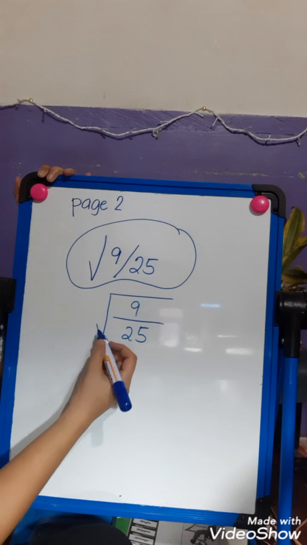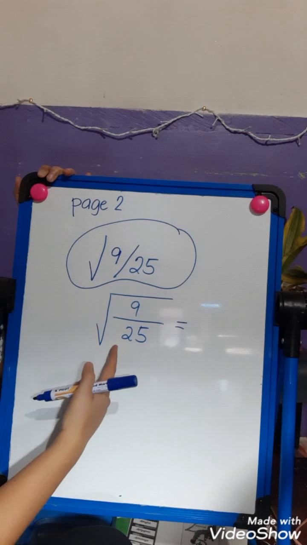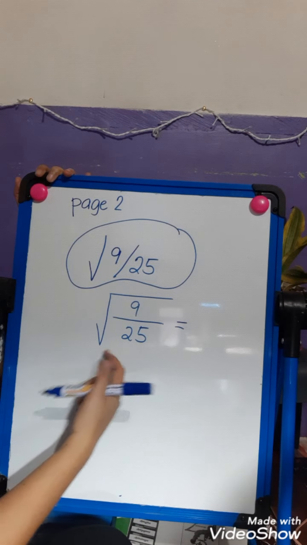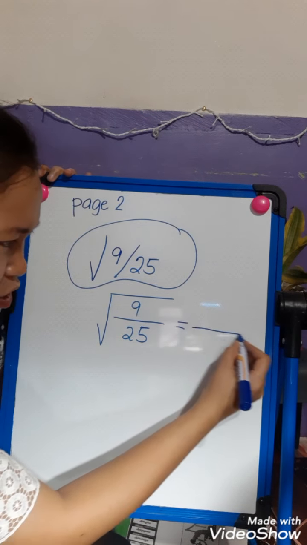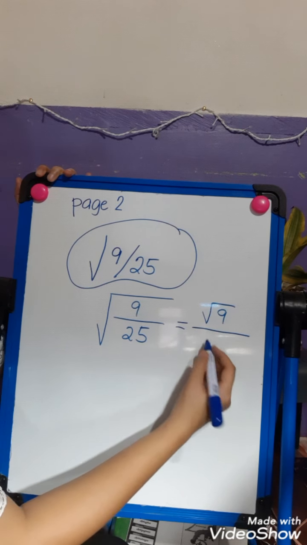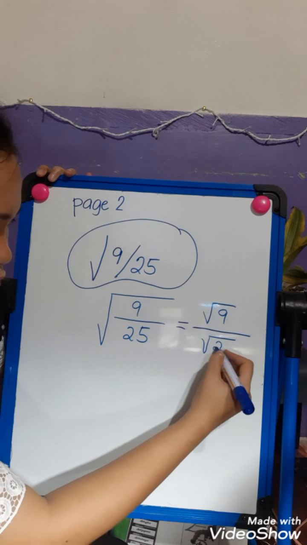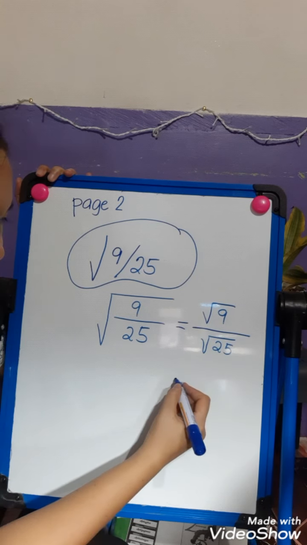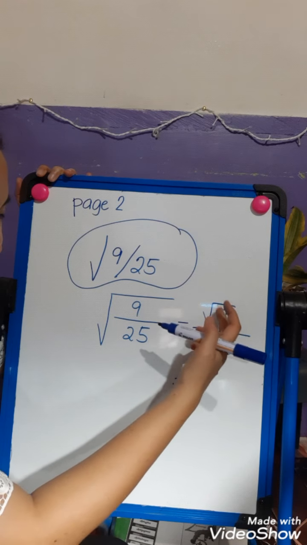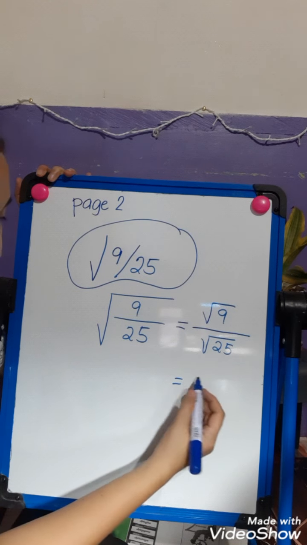Now, we can separate the upper and lower, or the numerator and denominator. So, it's the same as saying square root of 9 divided by, or over, square root of 25. Then, you can individually extract the square root of the numerator and the denominator.